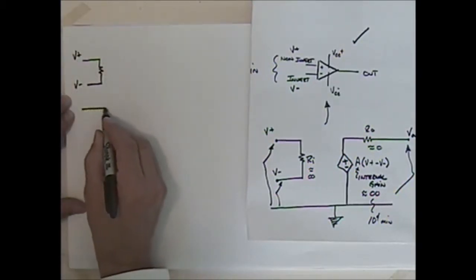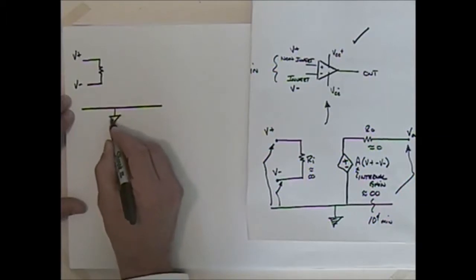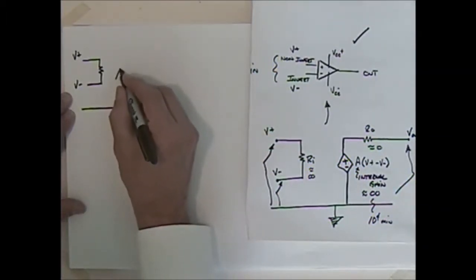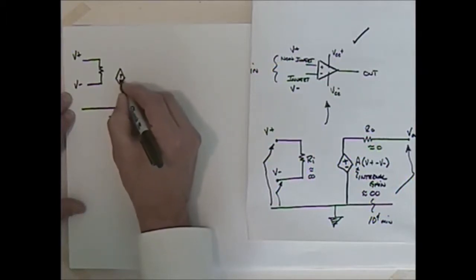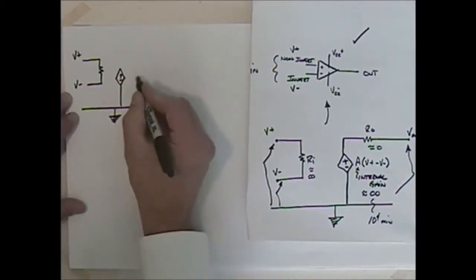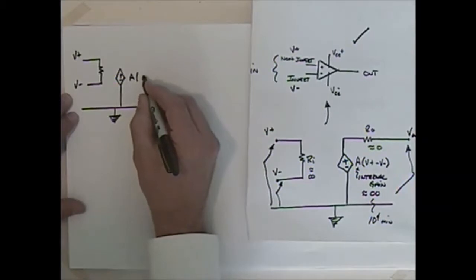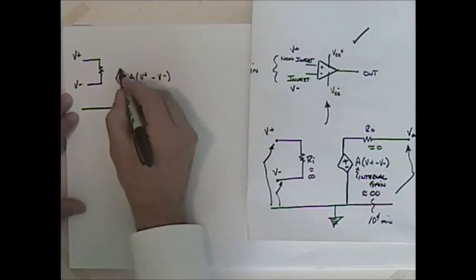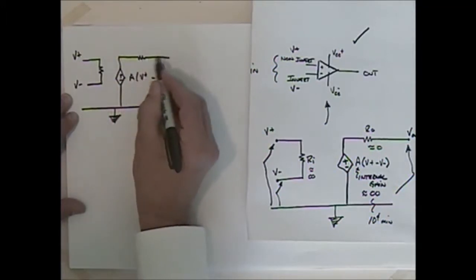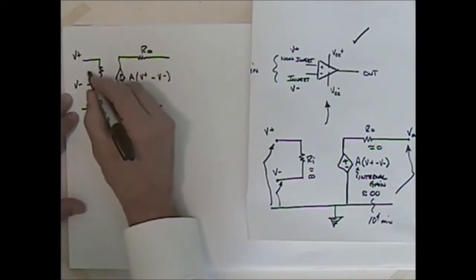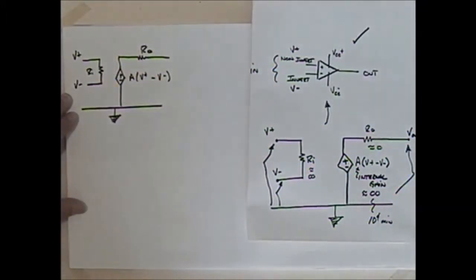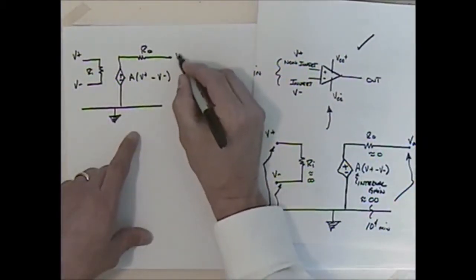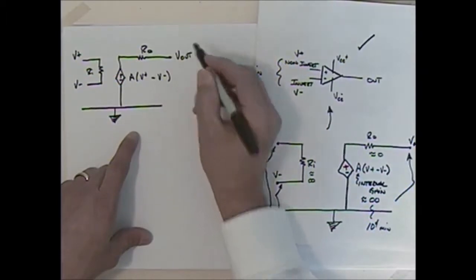And all of these voltages are with respect to this ground state down here. Okay, and this is V out or V naught.